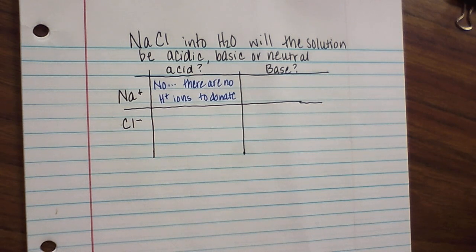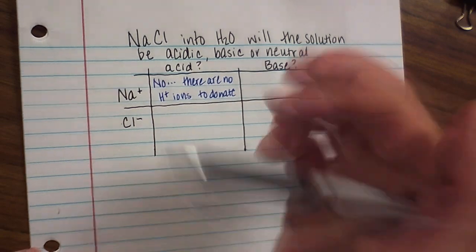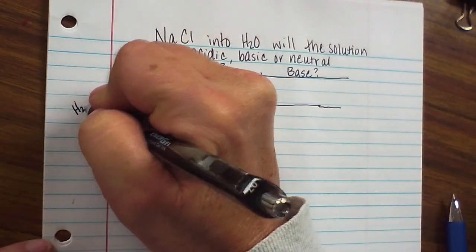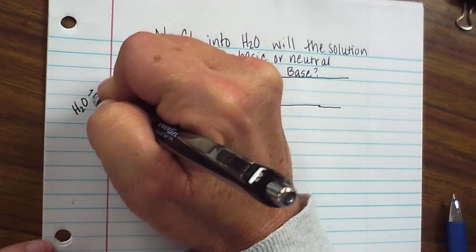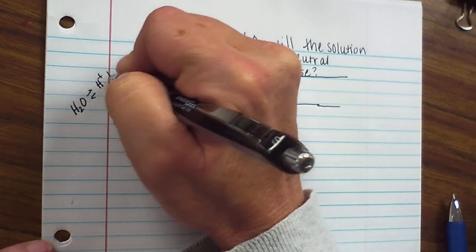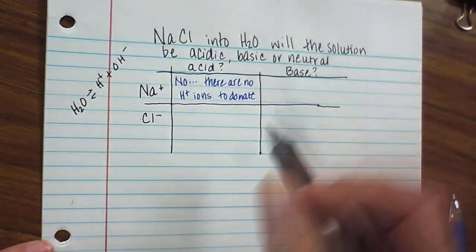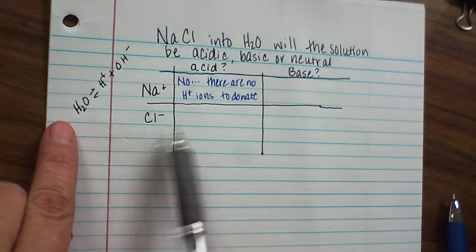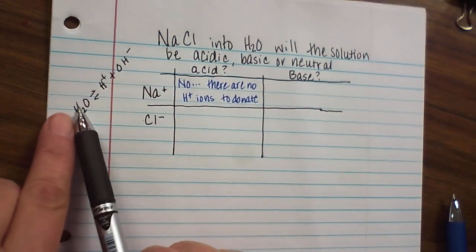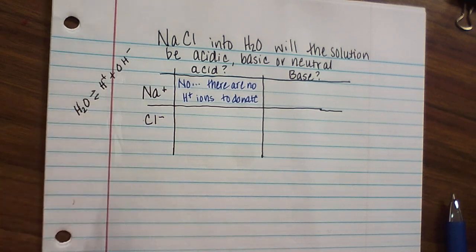Will it cause it to be a base? Well, if we put it in water and it pulls that hydrogen ion off, then it will allow that solution to be basic, because remember, part of this is also about the H2O, and then the hydrogen comes off, leaving the hydroxide. So if what we're looking at pulls off the hydrogen and leaves the hydroxide, then yes, it will make the solution basic, right?